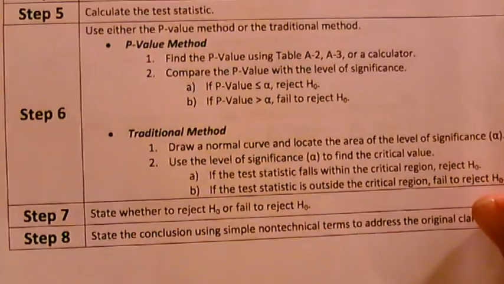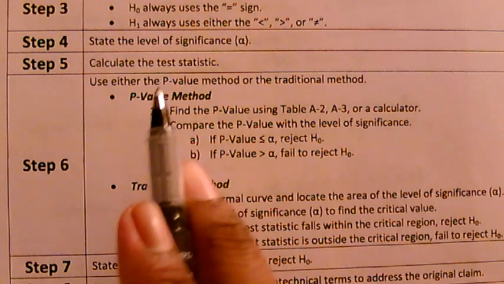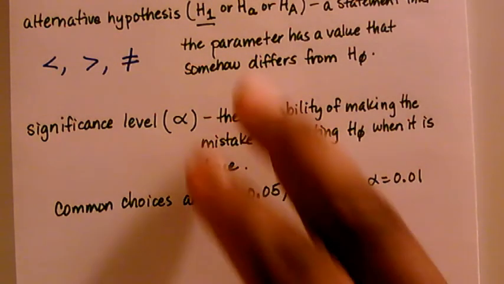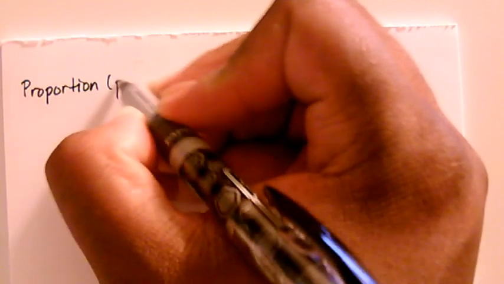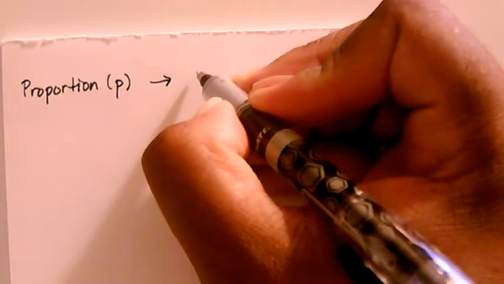Okay, step number 5. Now in step number 5, you're told to calculate the test statistic. Now there are 3 types of statistics that are going to be relevant to the test that you'll be using. Now for a proportion, which is of course lowercase p, this is what your test statistic is going to be.